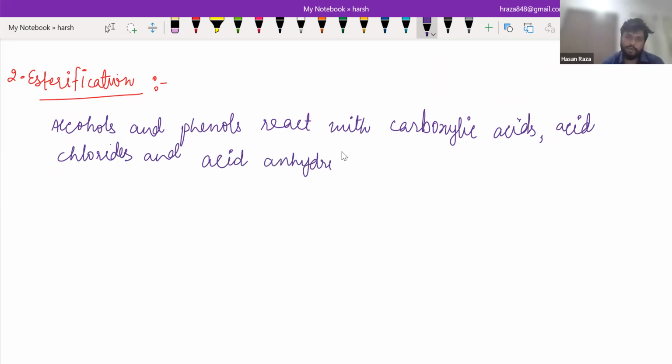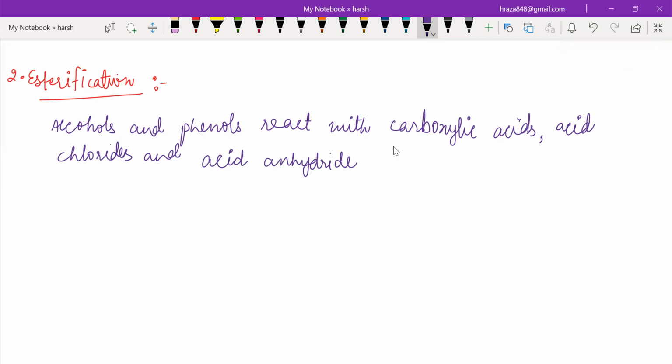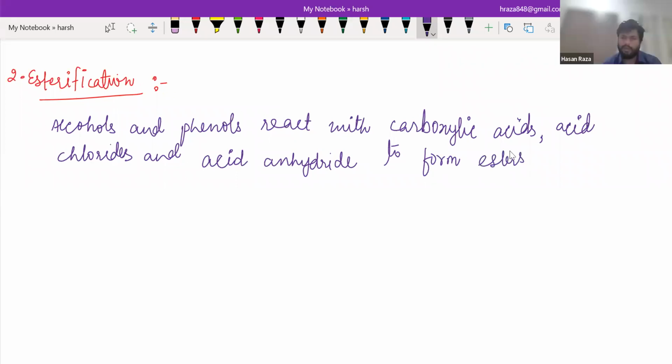So not only with carboxylic acid, but alcohols and phenols also react with carboxylic acid, acid chloride, and acid anhydride to form esters. But in class 10th, we only studied alcohol reacting with carboxylic acid to give ester. So now I'm going to write a general reaction.